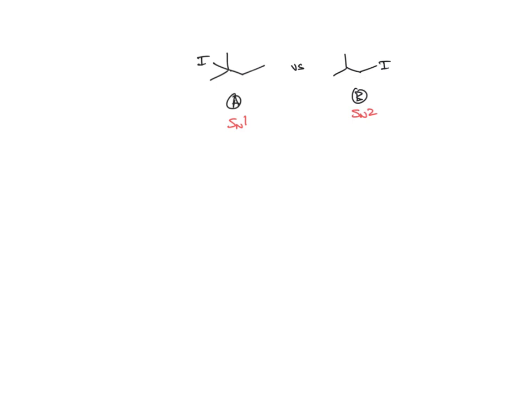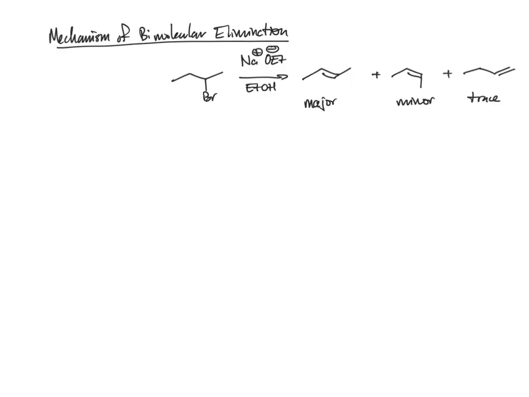If it's a base, it's doing elimination. And that's what you have to learn as the student, the difference in these reagents. If it gets ionized, then yes, it's going through a unimolecular process. Check your Chem book and review it.